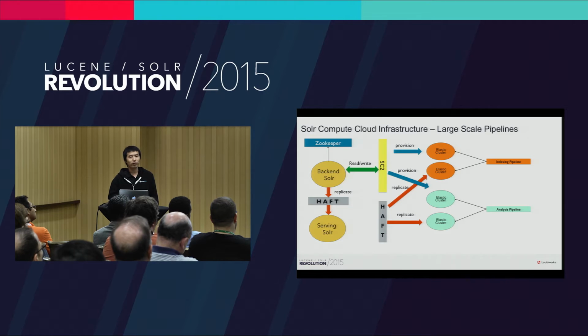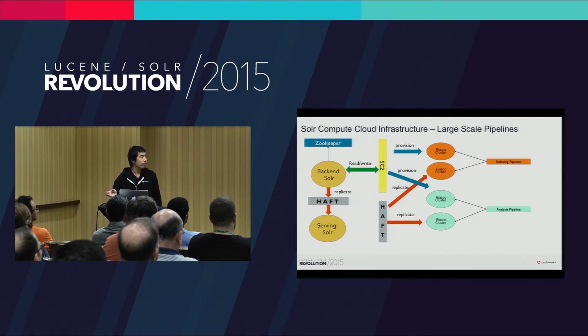Whenever you want to write to Solr cloud, we provision an elastic cluster, and all our infrastructure is AWS-based. So we just provision the spot request, and then you index to that spot request through our HAFT API. HAFT stands for high availability and fault tolerance, and it replicates the index from the spot cluster to the backend serving Solr. That's the main idea of last year's talk.